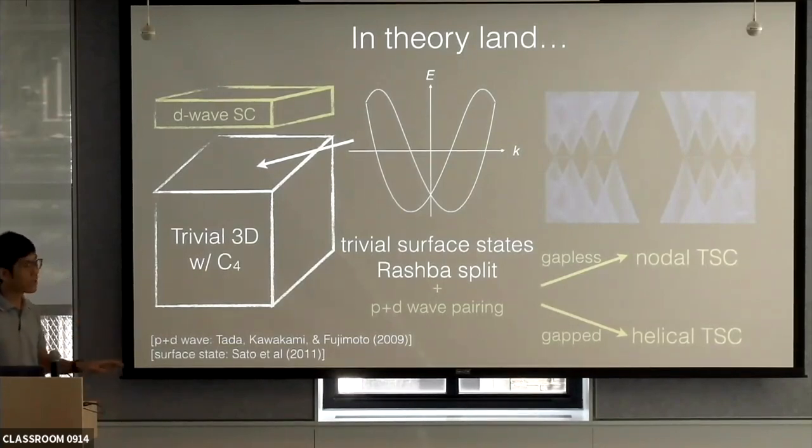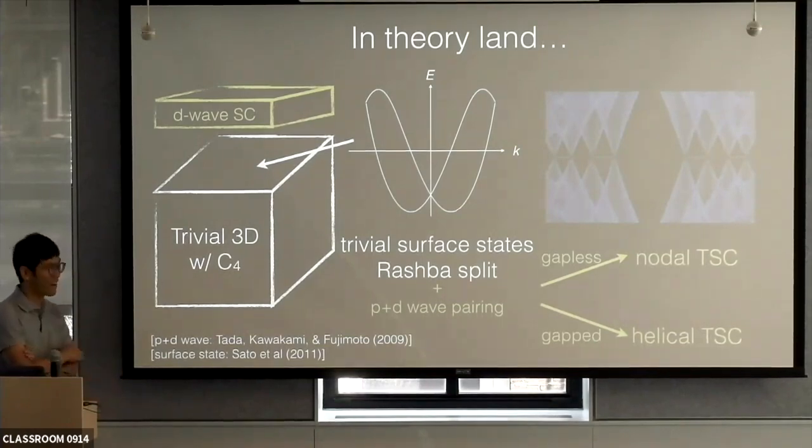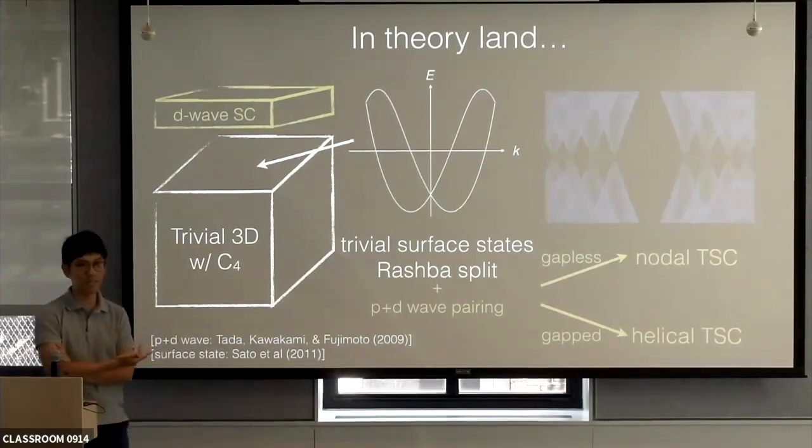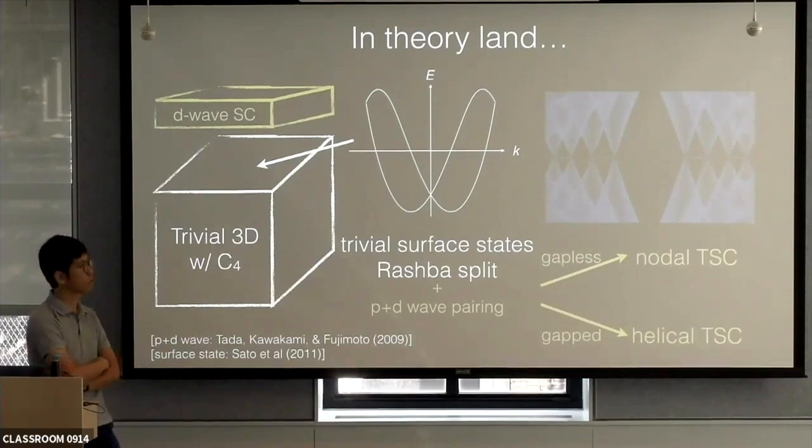So at least from this approach, you need to first say that you have an unconventional pairing. That's usually when the experimenters turn away, right? They say, I have an unconventional pairing, I have good things anyway, why do I need you? That's why I thought it would be interesting to see how you might apply these ideas to the surface proximity effect on anomalous surface states. And that may also be applicable to real materials.